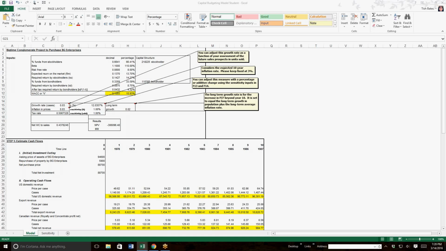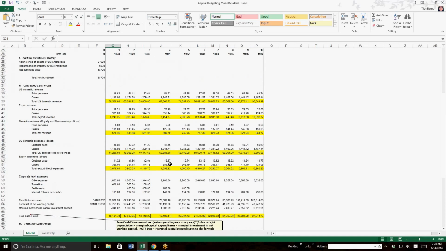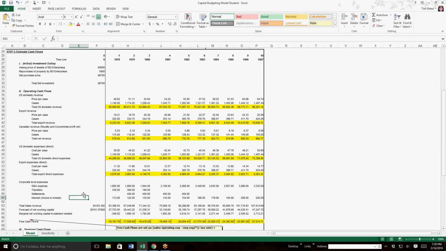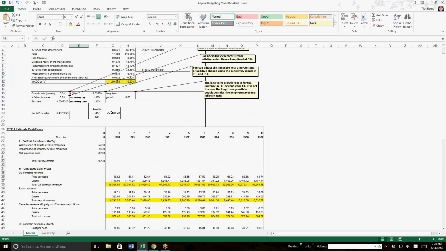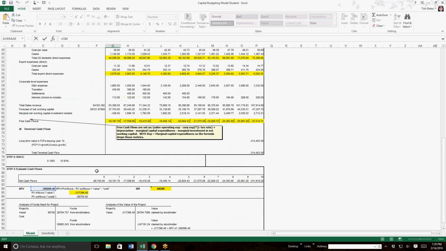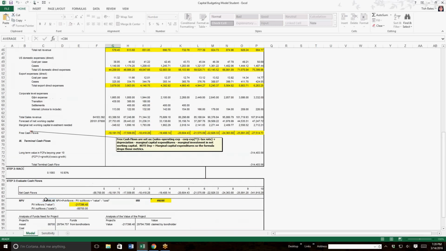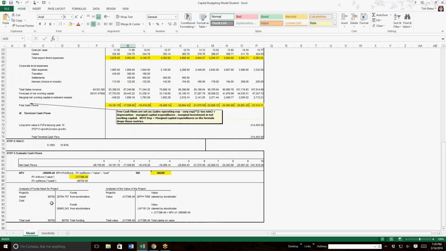C61. Where's C61? See, I don't understand where. Oh, this is C84. So it's that one. This spreadsheet's a mess, I gotta tell you.